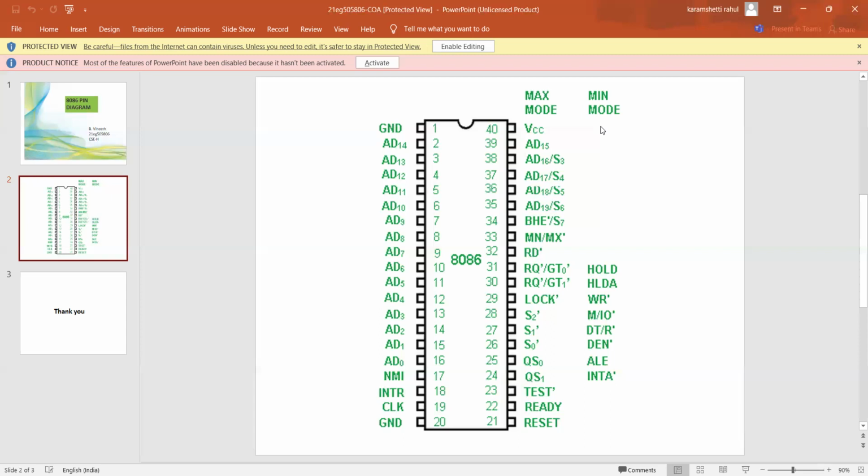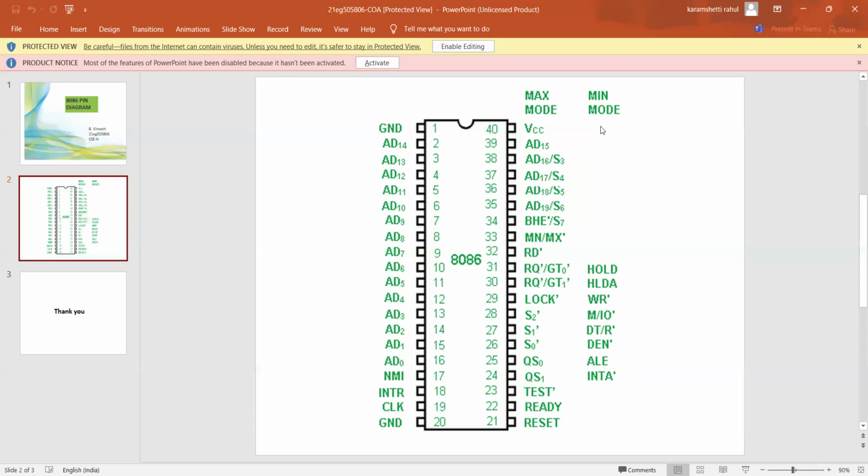And now the maximum mode pins are request grant 0, request grant 1, lock, S2, S1, and S0, QS0 and QS1. Request grant 0 in maximum mode is used when there are multiple processors.